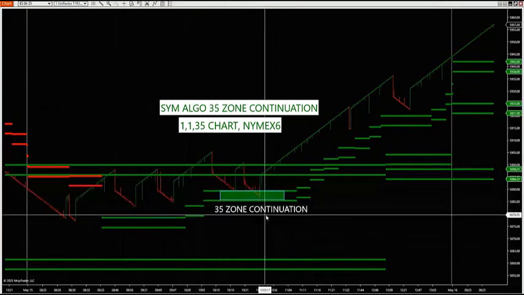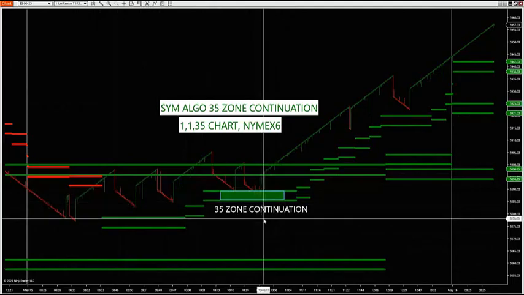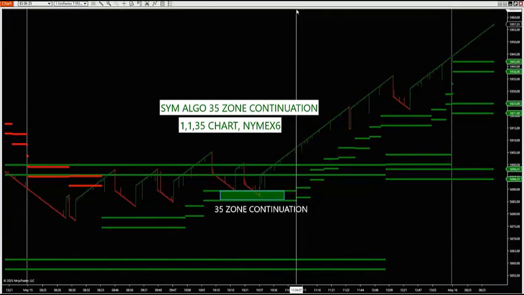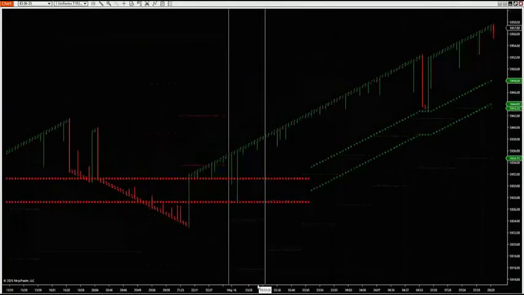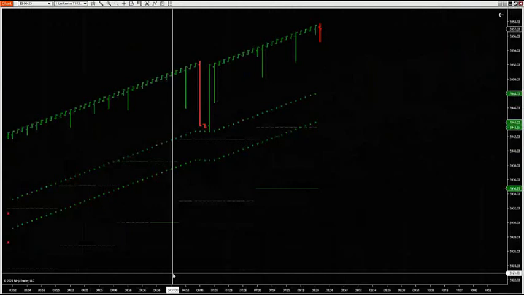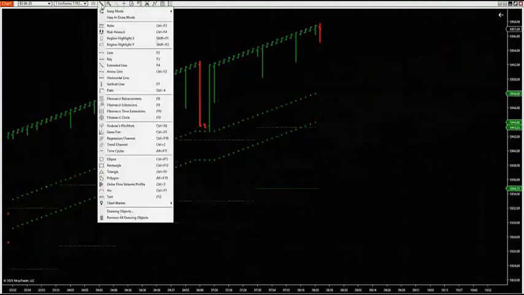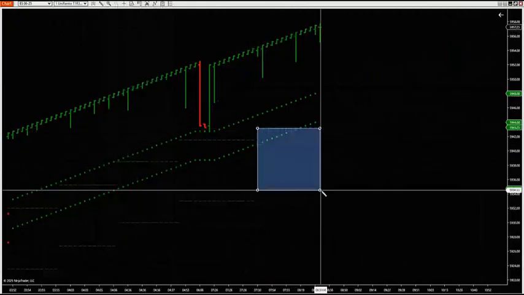The great thing about these 100, 200 zones and 35 zones on your other deeper liquidity grabs, if it's with trend zone, watch out. Watch for an extended move. Okay? So this morning, what we're doing, are we in an uptrend or downtrend? We are in an uptrend. What are we trying to do? We're trying to let it come down to a zone. Here's our buy zone. Keep it simple.